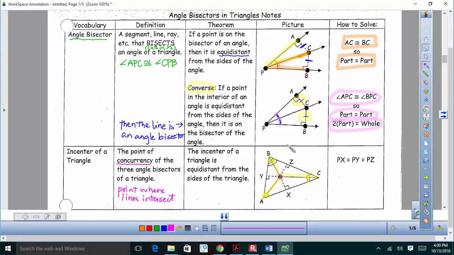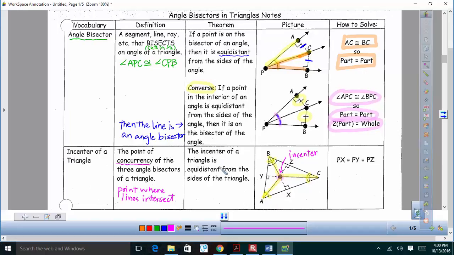So I'm going to label this incenter. Okay, and so the incenter of a triangle is equidistant. Remember, that means equal distance from the sides of the triangle. So I have side BA, I have side BC, and I have side AC.